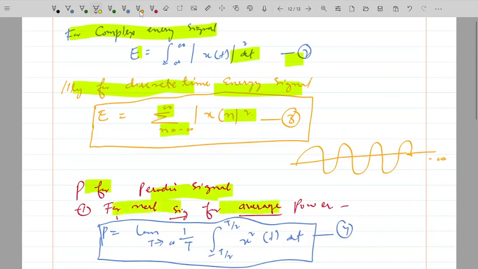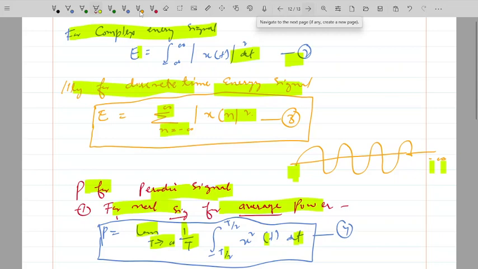The average power for a real signal is P equal to the limit T approaches infinity of 1 by T times the integral from minus T by 2 to T by 2 of x squared t dt. Here T is the total number of cycles, and x squared is the power signal with respect to t.